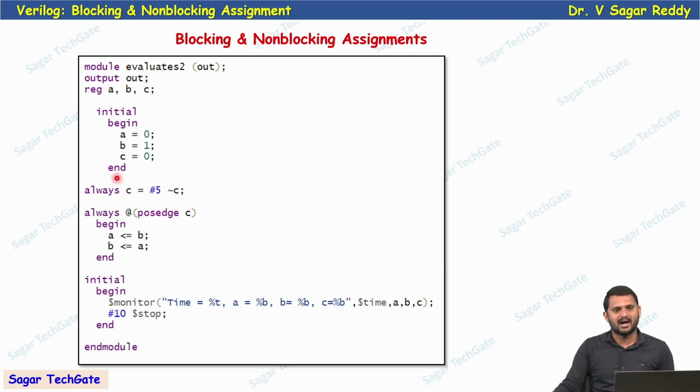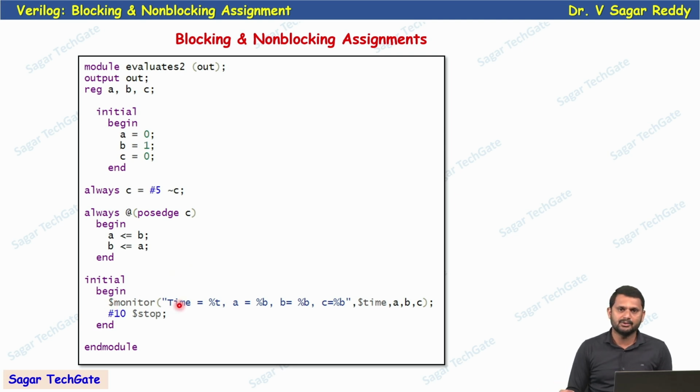So here we have initial, always, always, initial. How many procedural blocks do we have? One initial block, one always block, one always block, one initial block. So we have 4 procedural blocks here. Now all will execute concurrently. And what is the purpose of monitor?